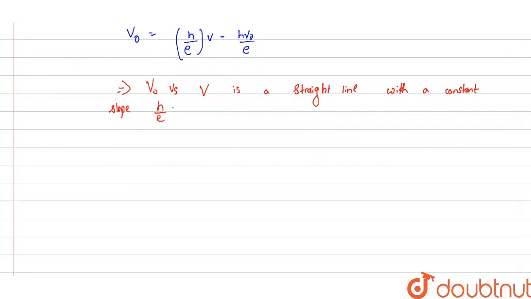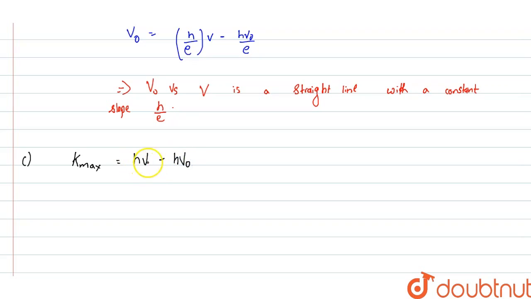Now for the next part of our question, C, we have already discussed that the kinetic energy of the photoelectrons being emitted depends on the frequency of the incident light, not the intensity. The intensity only increases the number of photoelectrons being emitted. So mathematically we can write this as K max, the maximum kinetic energy, is given by hν minus hν0.